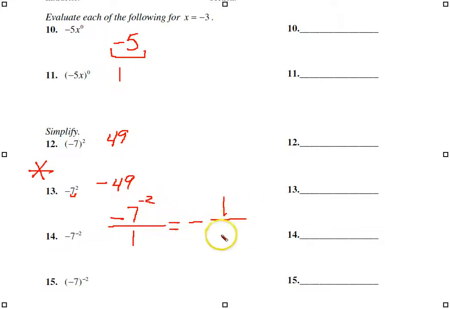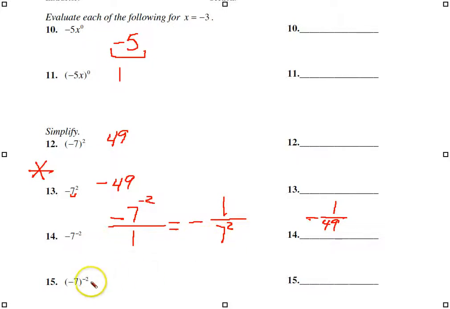I bring it down to our denominator, and the sign of the exponent changes. Again, crossing that division bar, going up or down, the sign of the exponent changes. So this then, for number 14, becomes a -1 over 49 as we square the 7.